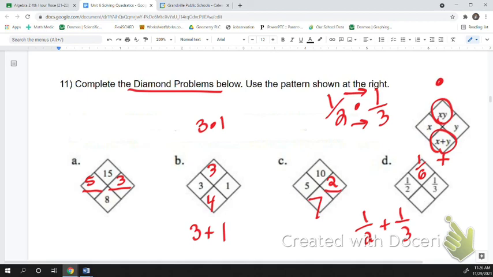So 6 would be the easiest. 1/2 is how many sixths? 3. 1/3 is how many sixths? 2. So the bottom is 5/6. We won't have anything that complex. Questions? So homework is 1 through 10.